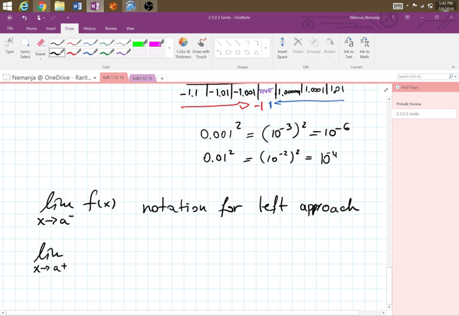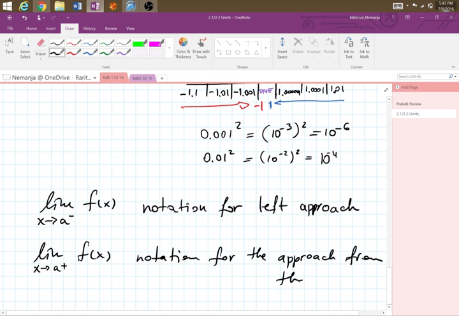So a plus is a notation for the right approach. Or well, let's put approach from the right. And approach from the left.